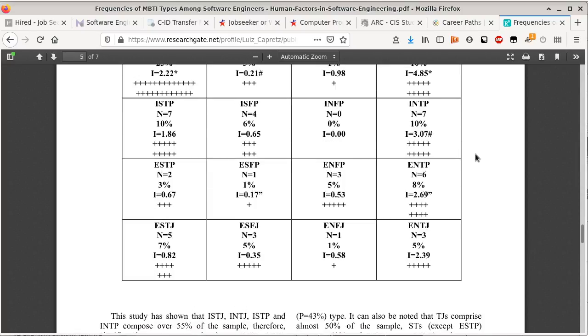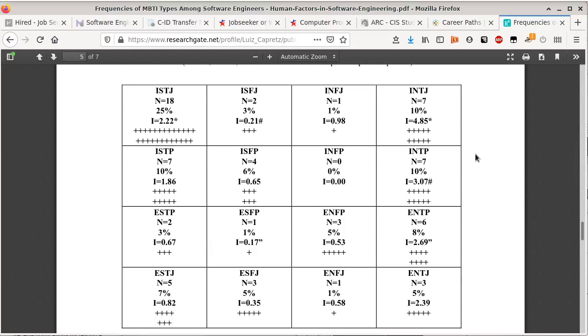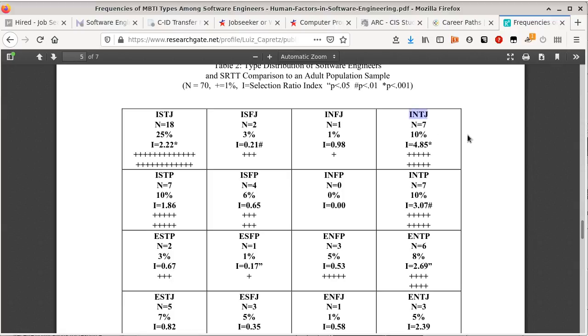Let's say somebody is an INTJ, and that person says, well, computer science does interest me, but I'm not sure whether I should go in that direction. According to this table, INTJs are overrepresented at 485% in software engineering. So that seems to be a likely thing.